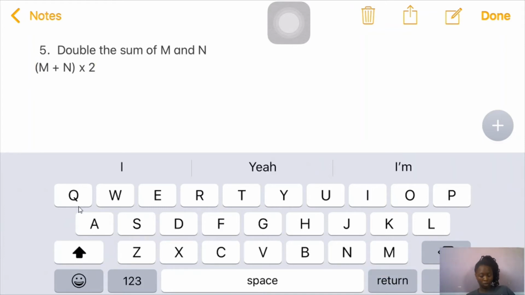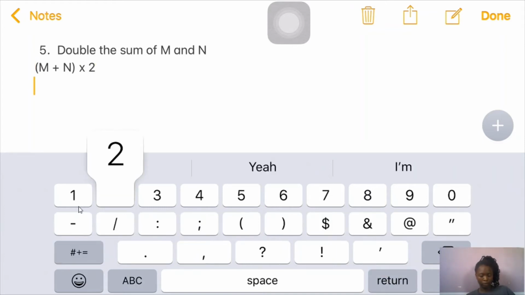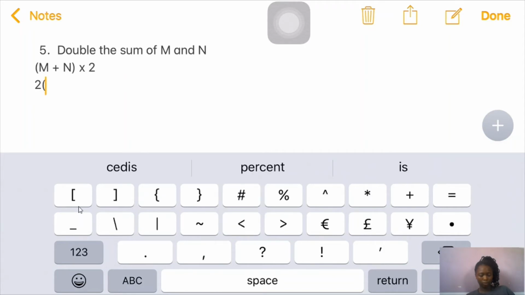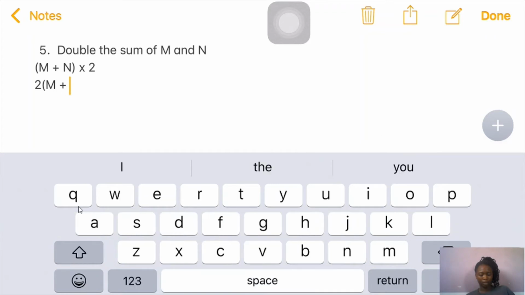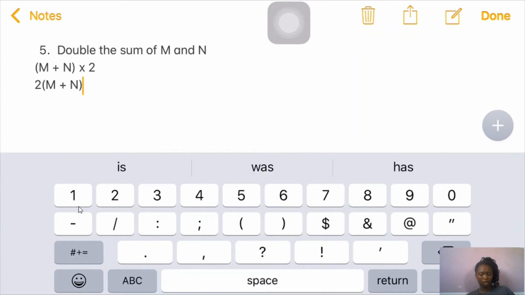So any of this is correct. So you can have 2 brackets open m plus n. So any of this is correct.